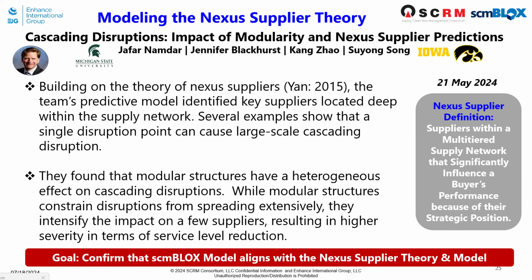Taking all that into account, and this is a bunch of academic words, they found that modular structures have a heterogeneous effect on cascading disruptions. While modular structures constrain disruptions from spreading extensively, they intensify the impact on a few suppliers, resulting in a higher severity in terms of service level reduction.